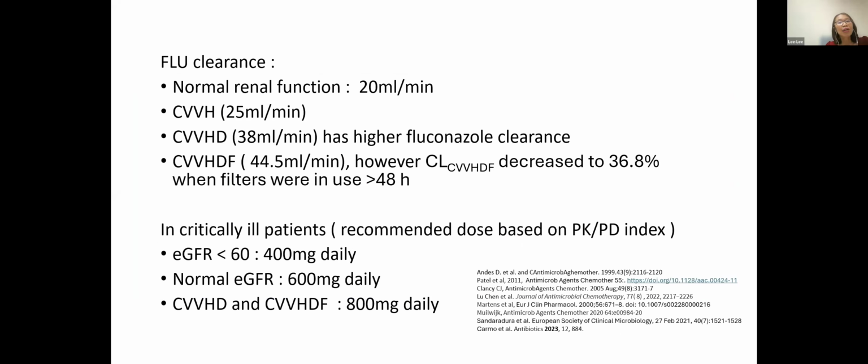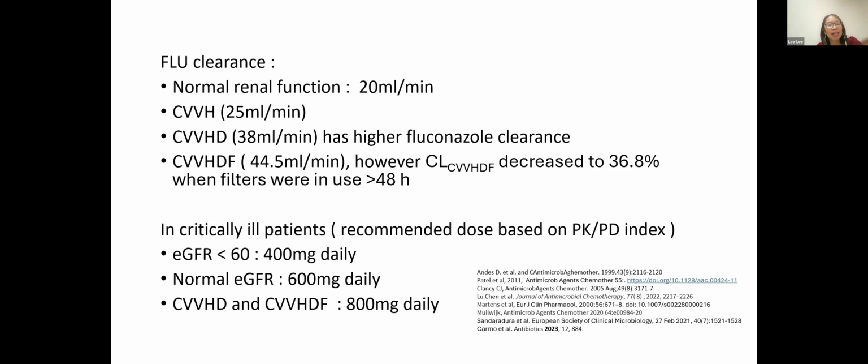So the fluconazole clearance is mainly by the kidney. In a patient with normal renal function, the clearance is about 20 mL per minute. However, in patients undergoing continuous renal replacement therapy, the excretion or clearance is actually faster, depending on the mode of renal replacement therapy, the filtration rate, and also, of course, the filter that is used.